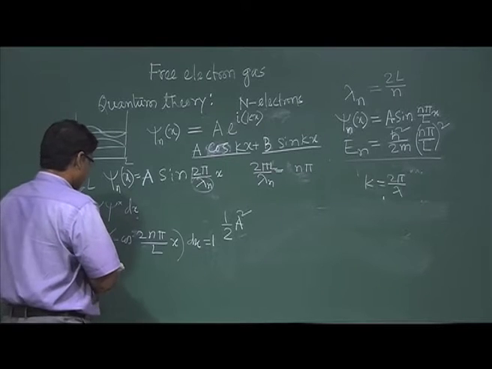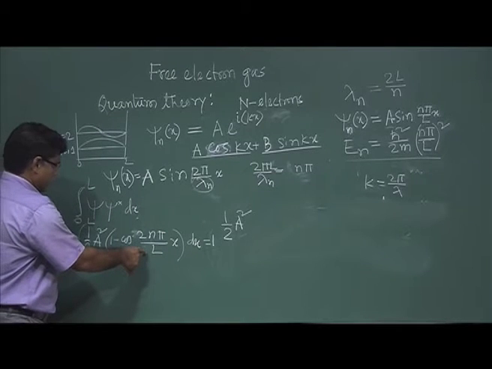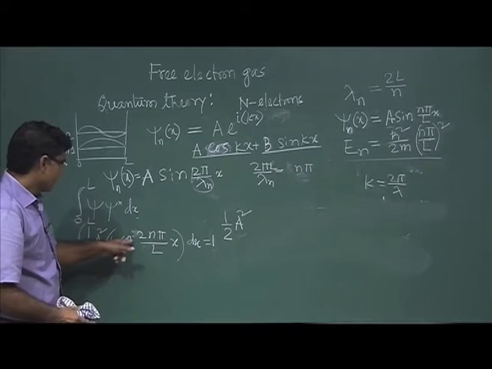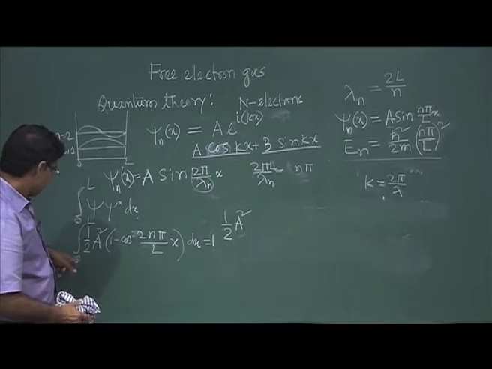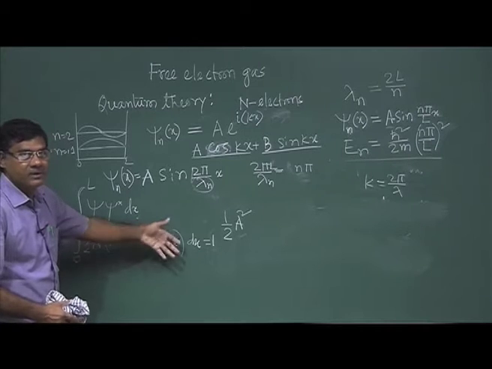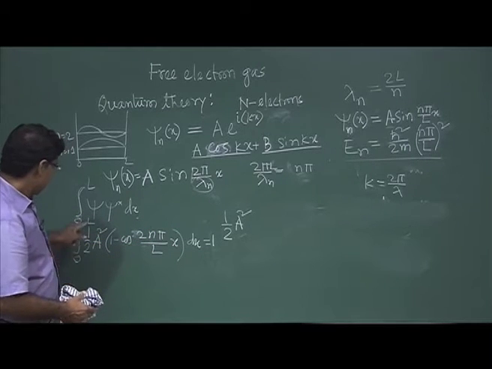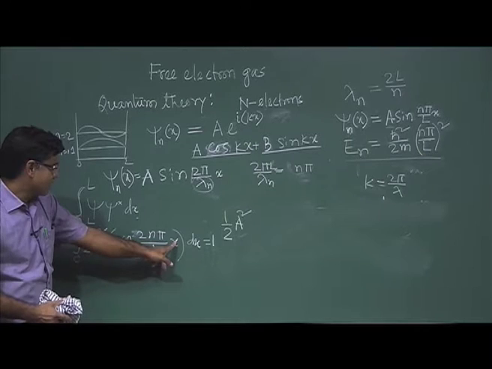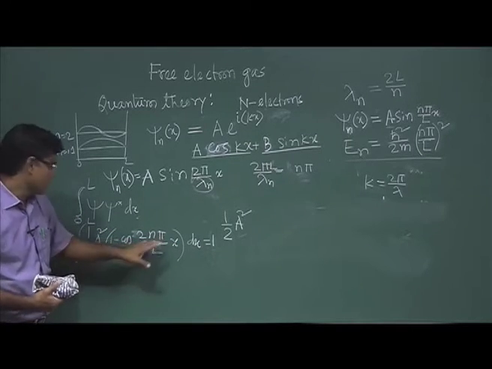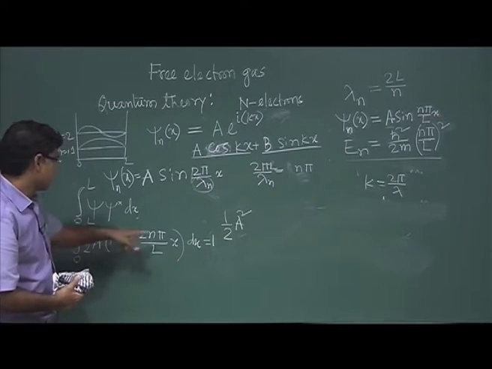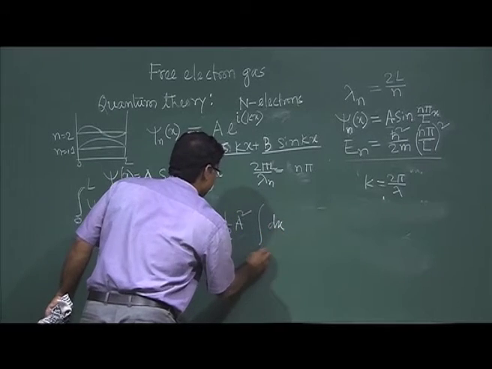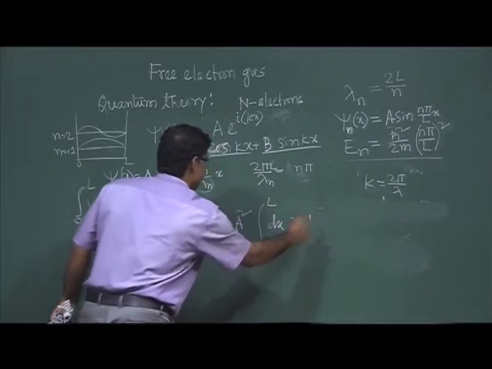So, if you integrate, this cos will become sine, and for the 0 limit sine 0 is 0, and for L it will be 2 n pi, so it is 0. So, this term will not contribute, only the 1 survives, basically dx from 0 to L equal to 1, right.